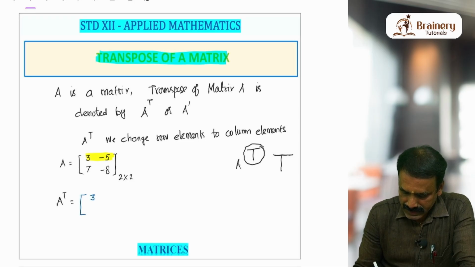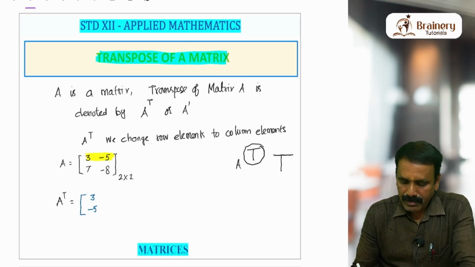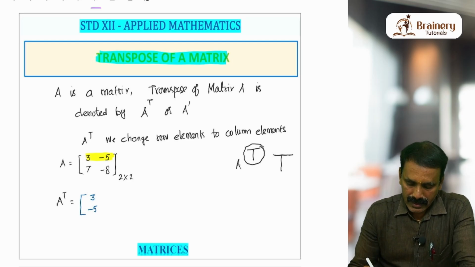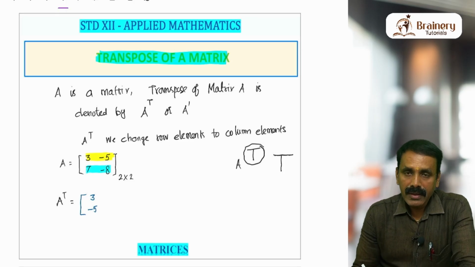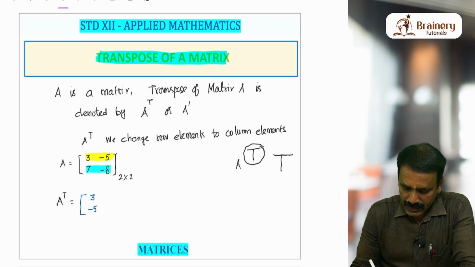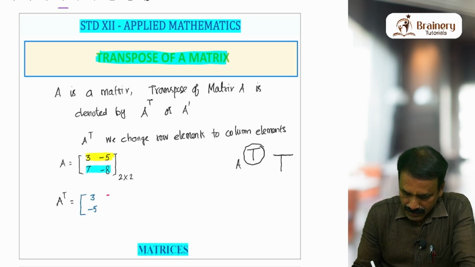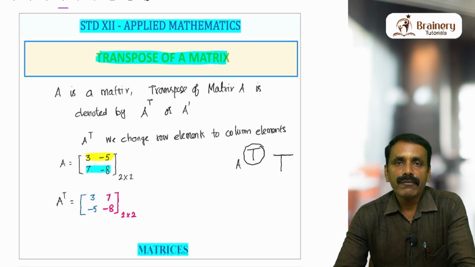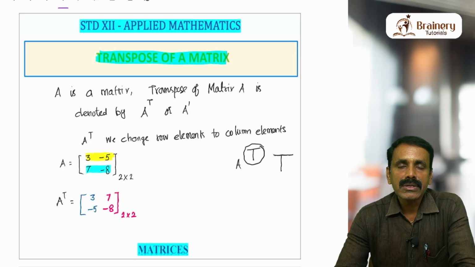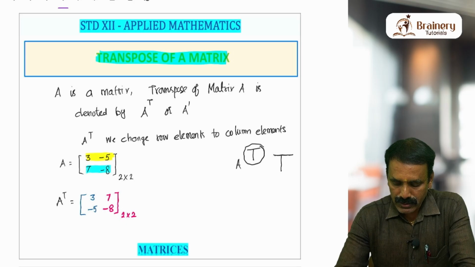So it is written as 3, minus 5. And second row, 7 and minus 8, is going to be converted to column. So it is written as 7, minus 8. So 2 by 2. This process of changing row elements to column elements is called transpose of a matrix.